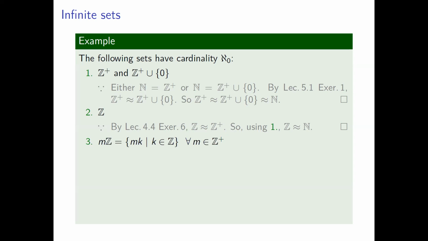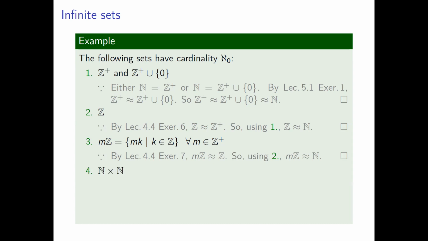For any positive integer m, the set of all multiples of m has cardinality aleph naught. Indeed, it is shown in exercise 7 in lecture 4.4 that the set of all multiples of m is numerically equivalent to the set of all integers. It follows from this and example 2 that the set of all multiples of m is numerically equivalent to the set of natural numbers.